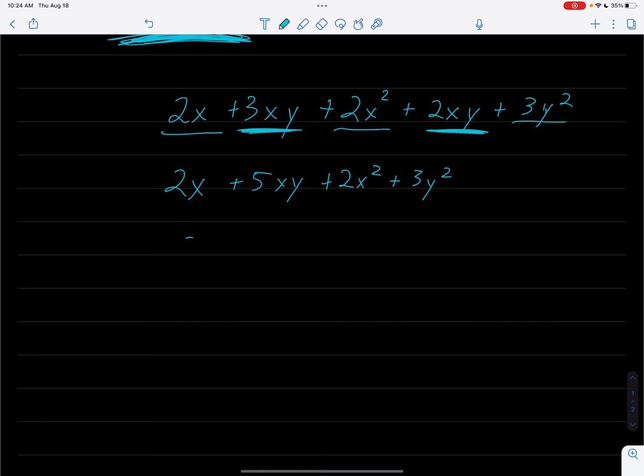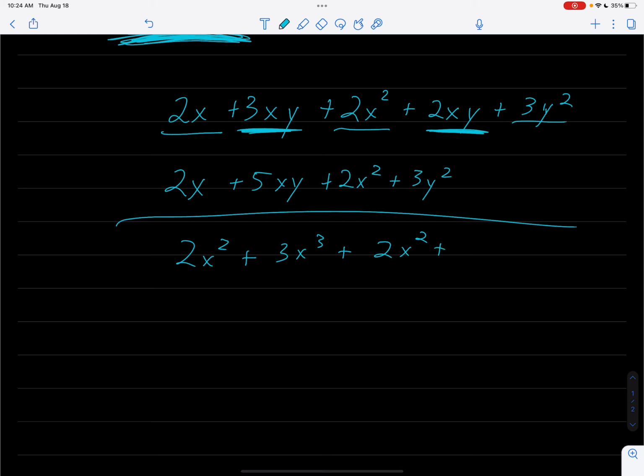And again, students often, let's say I have 2x squared plus 3x cubed plus 2x squared plus 5x cubed. So I look at this and I like to go to my highest power first. It doesn't really matter what order you're doing it in.